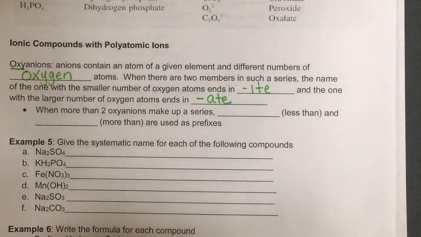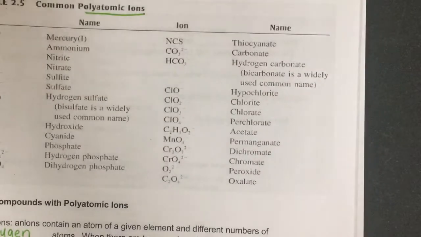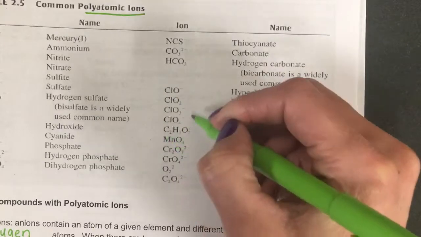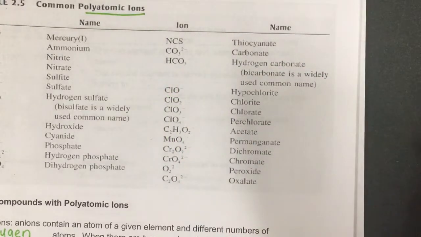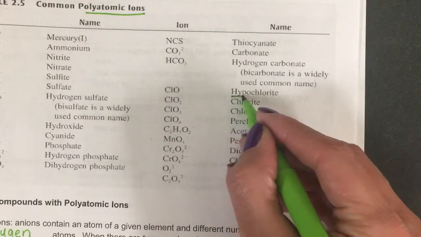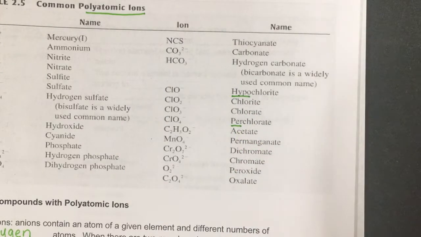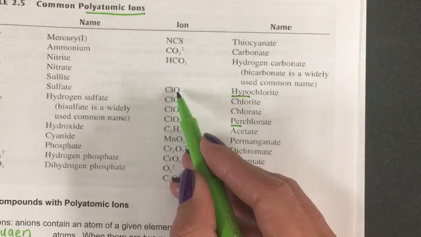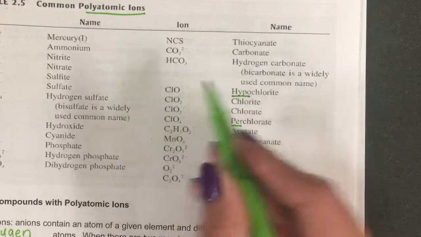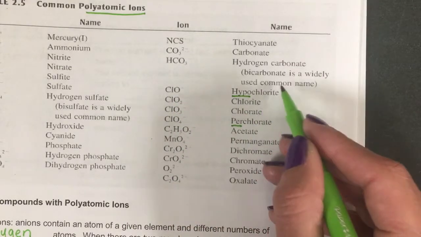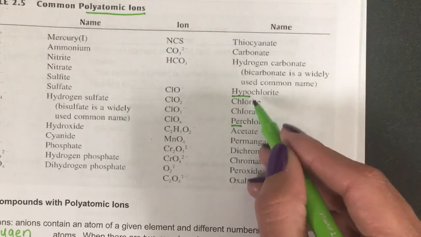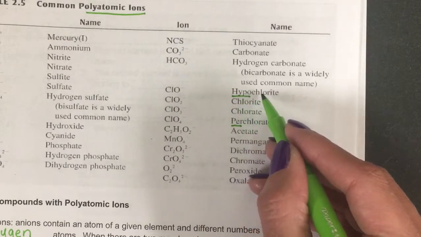Okay? Now, in the case over here, we've got more than two, it gets a little bit trickier. Now we're going to have to put prefixes into the mix. So if you notice, this still has the least number of oxygens, so it still ends in ite, but because there's more than two, I add this prefix hypo.